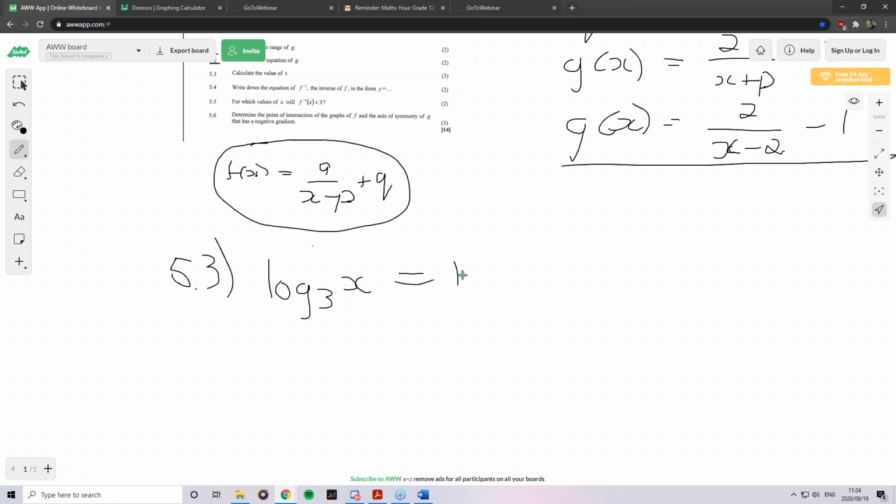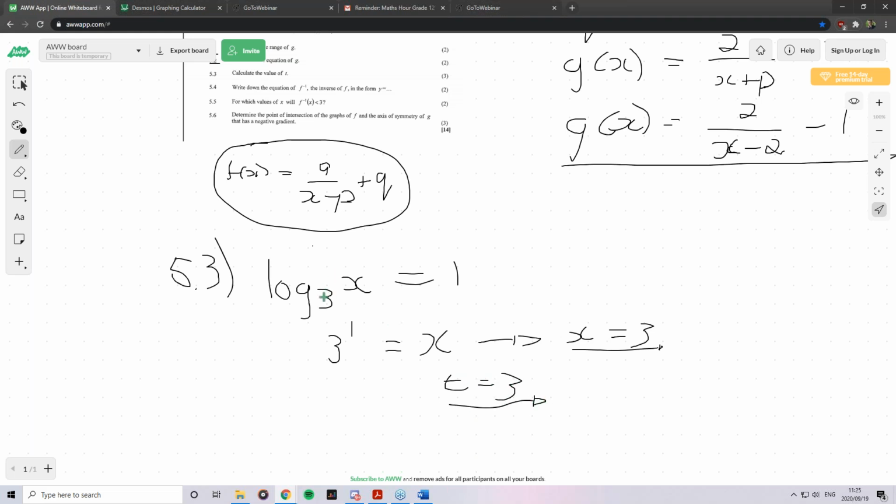It's 1. So 3 to the power of 1 is equal to x. And this means x is just 3. But since they say the point x is just t, we just have t is equal to 3.